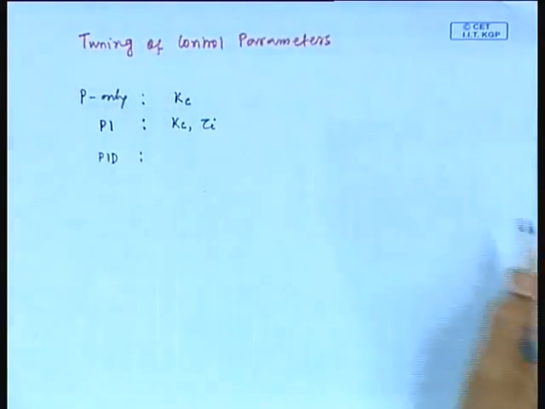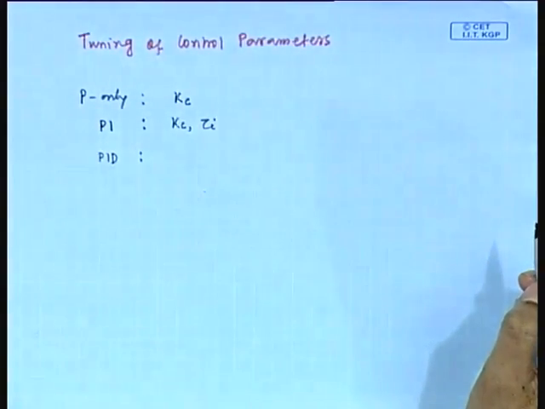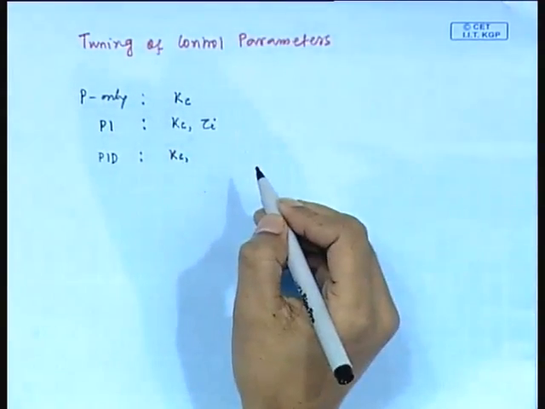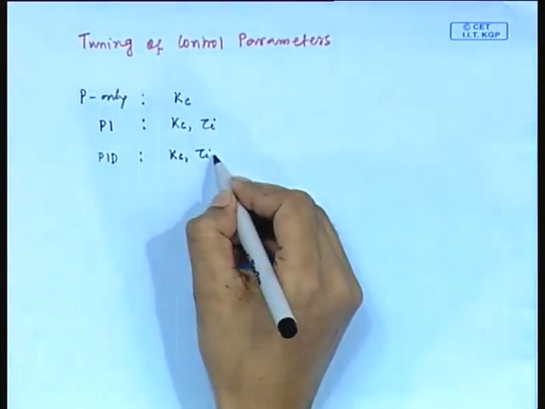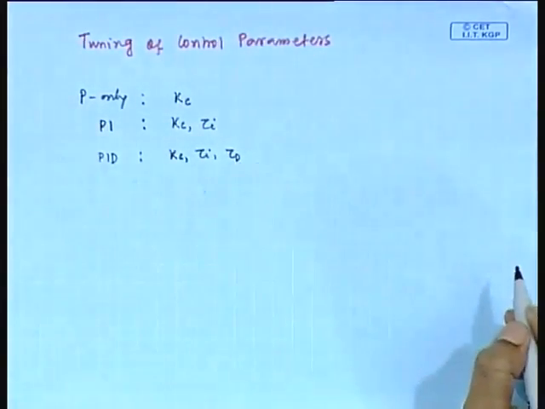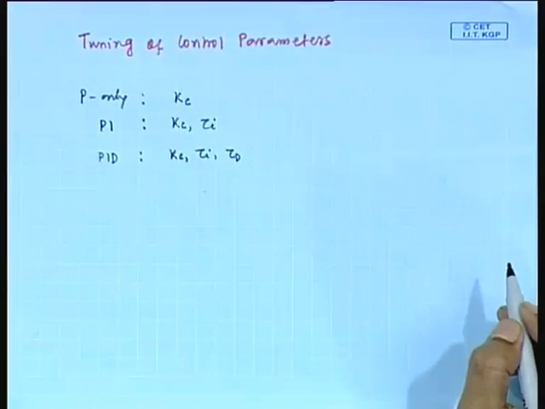And for PID controller, there are three tuning parameters: proportional gain Kc, integral time constant tau I, and derivative time constant tau D. So, these are the tuning parameters.